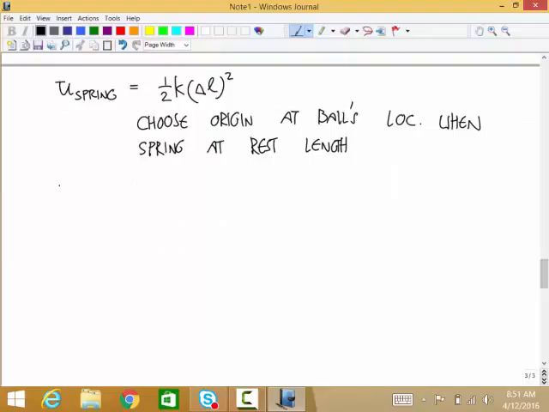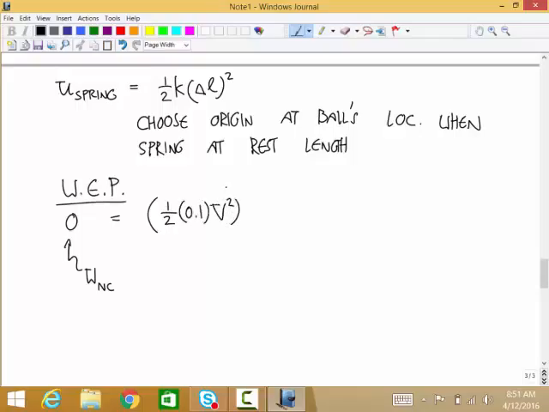And now we can put together the work energy principle. So there's no work done by non-conservative forces. After the ball is released from the spring, there's a kinetic energy of 1/2 times 0.1 times the speed squared.